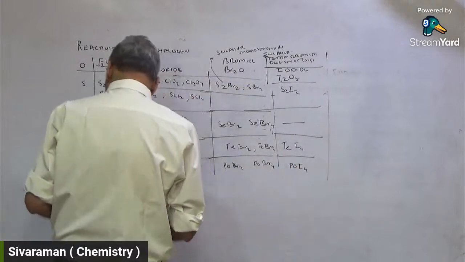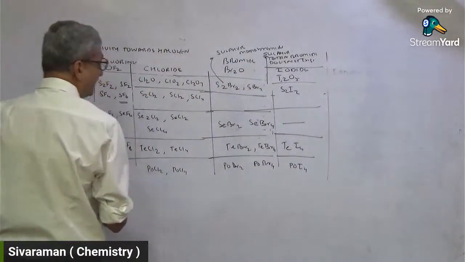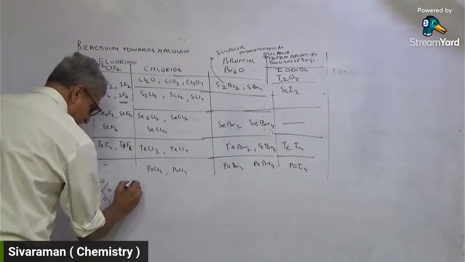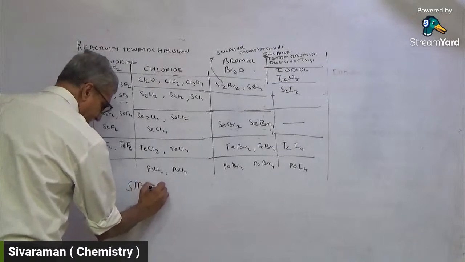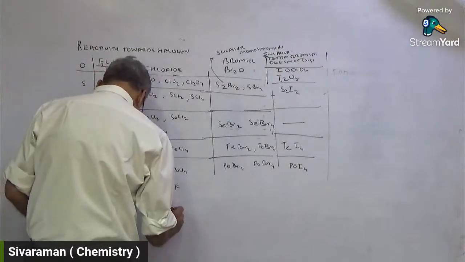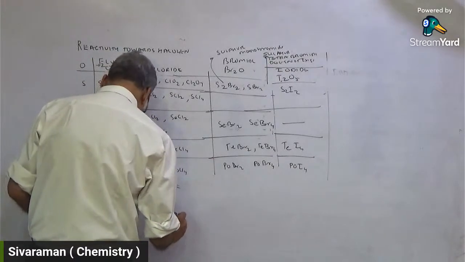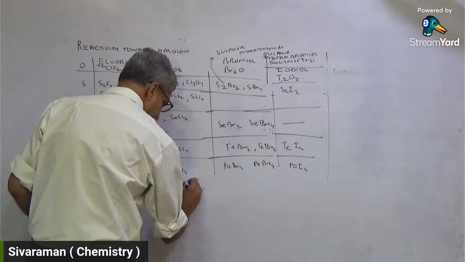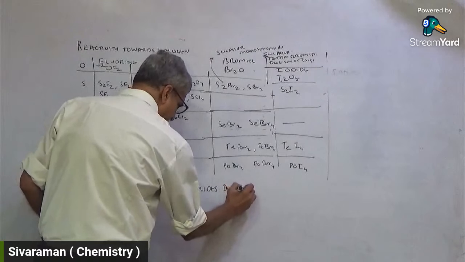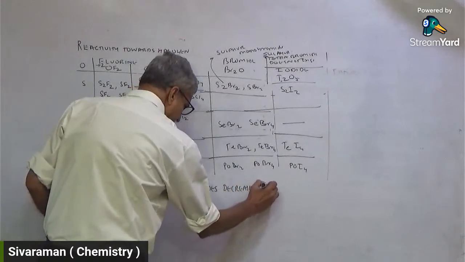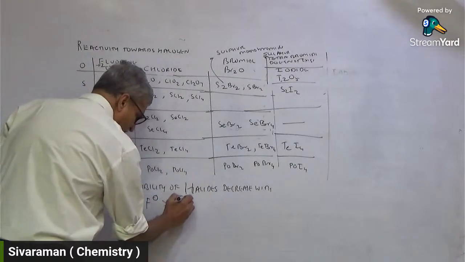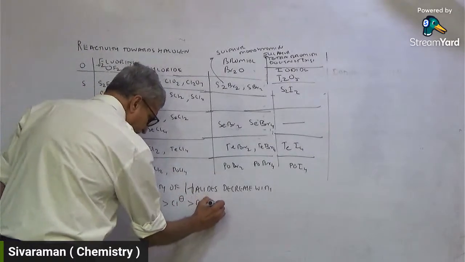Okay. So here is the main question that they ask: stability of halides decreases in the sequence fluoride greater than chloride greater than bromide greater than iodide.